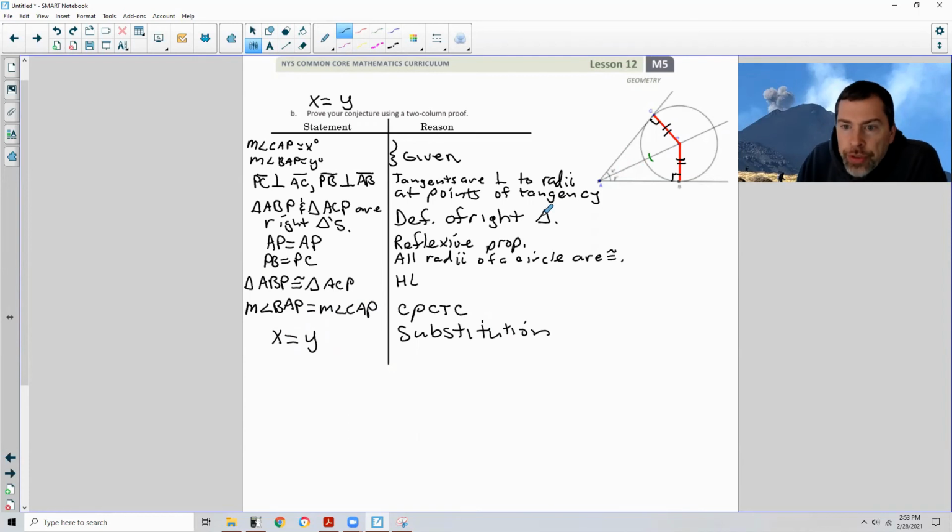All right, and so since those two angles are congruent, then I can now say segment AP, there is no arrow there, so let's just call it a segment. Segment AP bisects angle CAB. And that's just the definition of angle bisector.